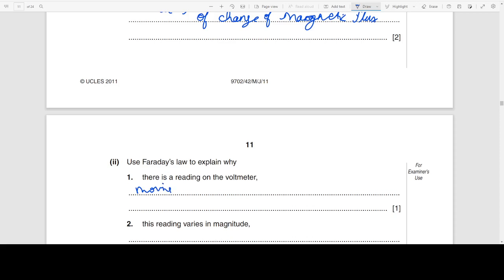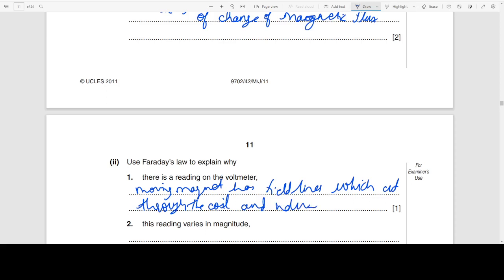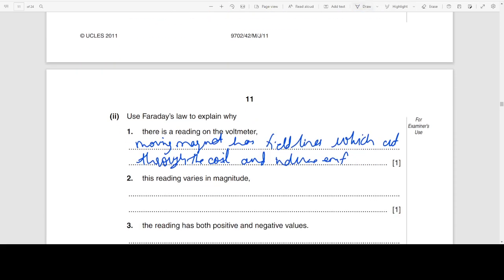A moving magnet has field lines which cut through the coil and induce EMF. Next one is what I just answered, why the reading varies.